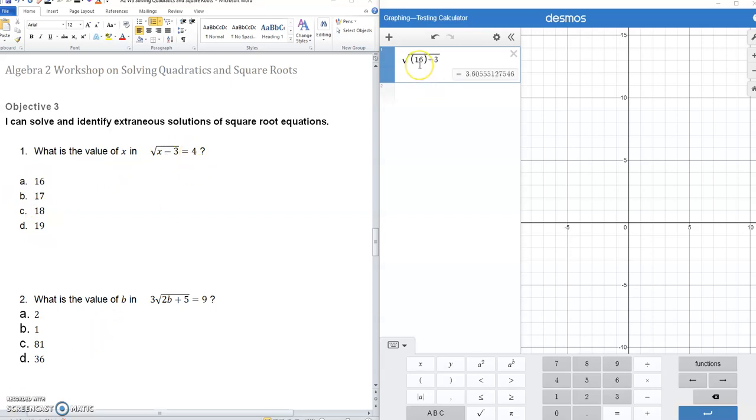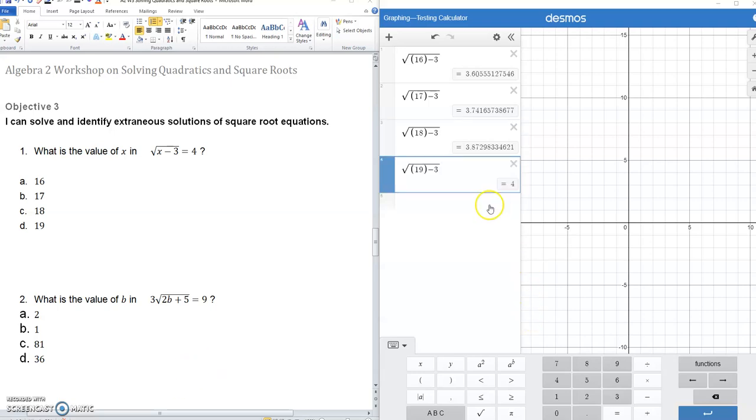When I plugged in letter A in place of x, it came out as 3.6, which is really not a 4, so try 17. I plugged in B, it's also not a 4. When I plugged in letter C, which is 18, it did not come out as 4. By the process of elimination, the answer is letter D, and let's take a look at that. When I plugged in 19, it came out as 4, so the answer for this is letter D.